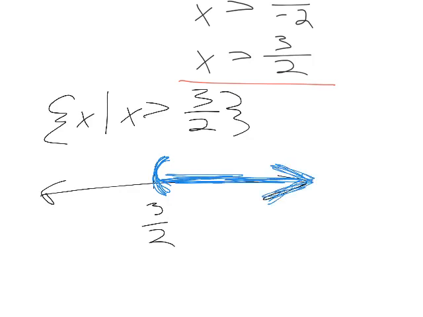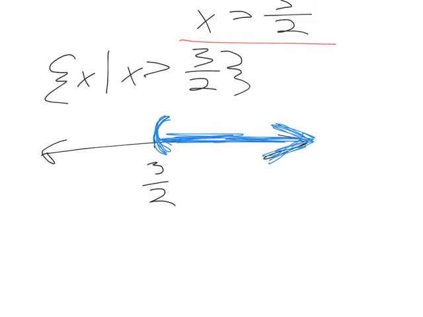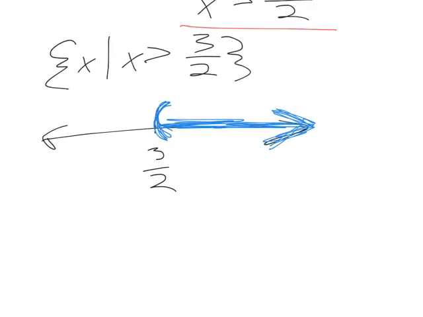For interval notation, we need the two endpoints. 3/2 is where we start, even though we don't actually include 3/2. The parenthesis shows us that. We do start at 3/2, and we go on to positive infinity. Infinity always gets a parenthesis, so we end our interval notation with a parenthesis there around the infinity.